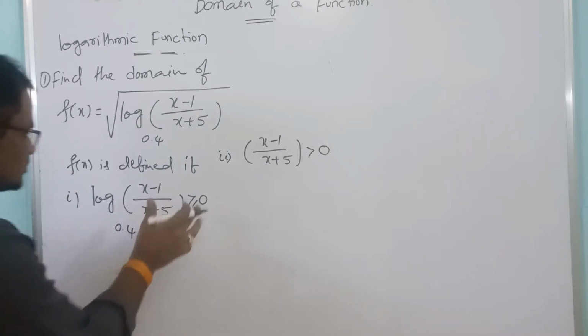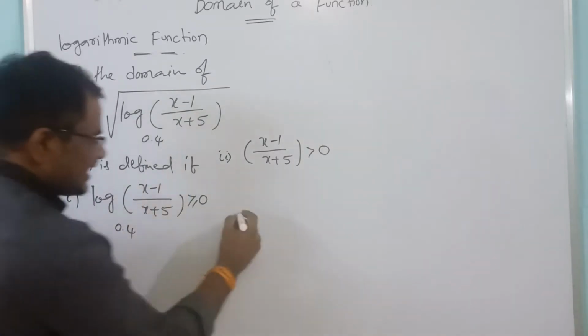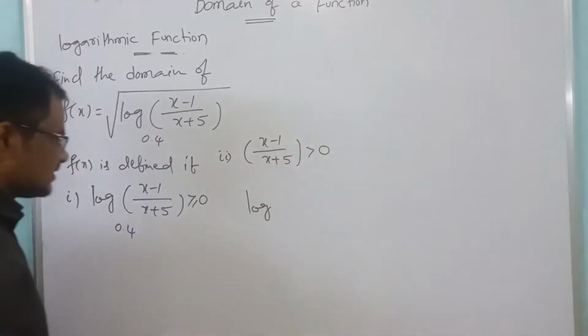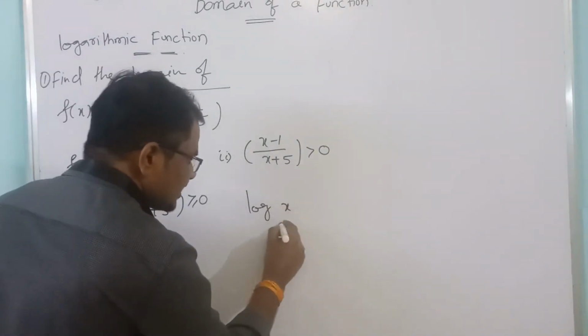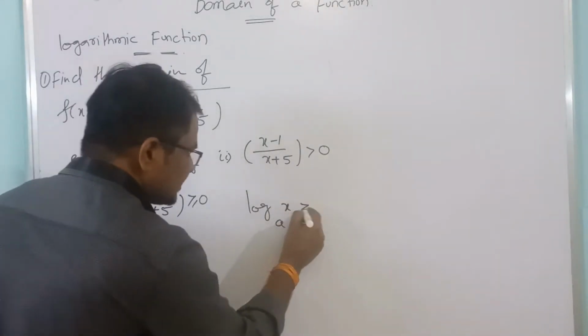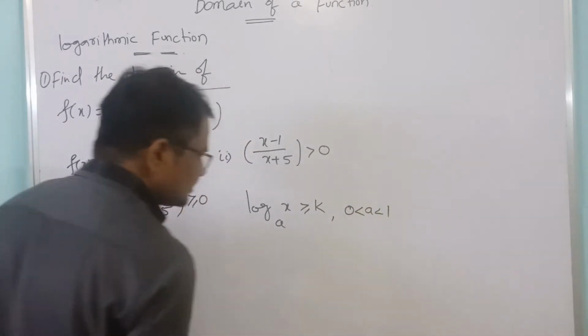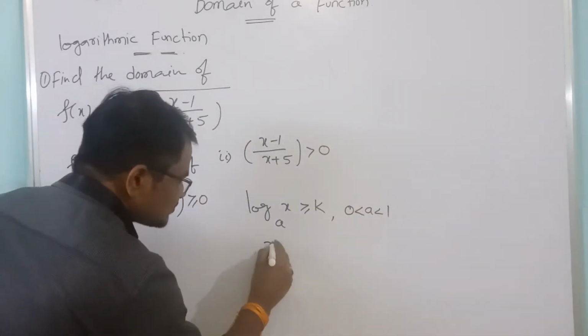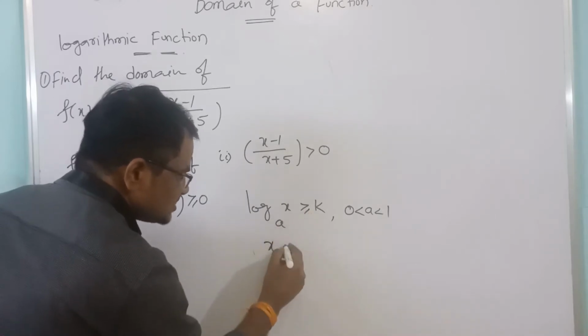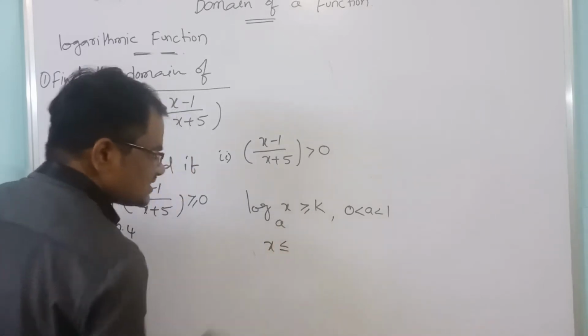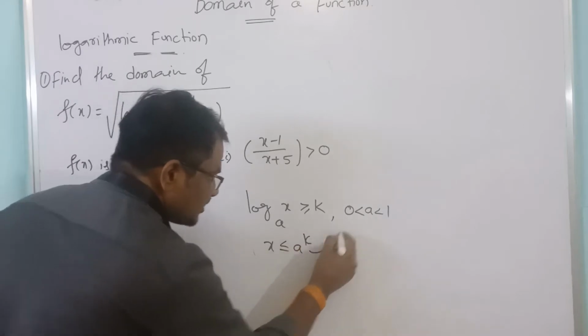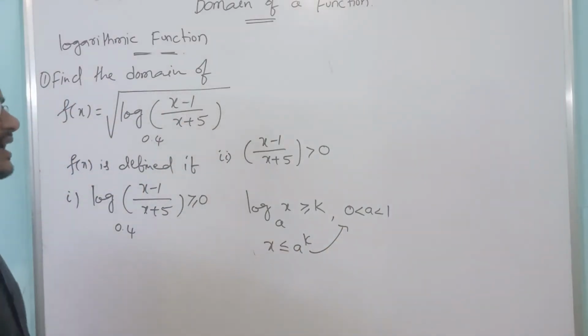For that, to simplify this one, again we have to take this condition. We know that whenever log x to the base a greater than or equal to k is there and a is in between 0 and 1, this inequality will change. Greater than or equal to becomes less than or equal to a power k when 0 less than a less than 1.